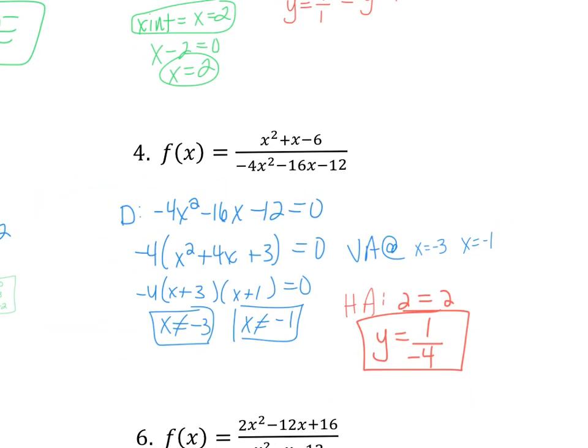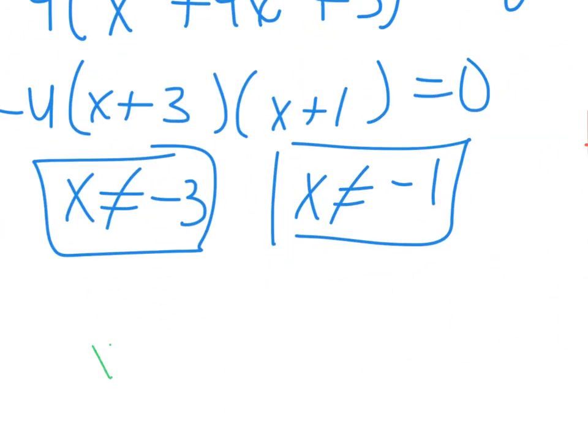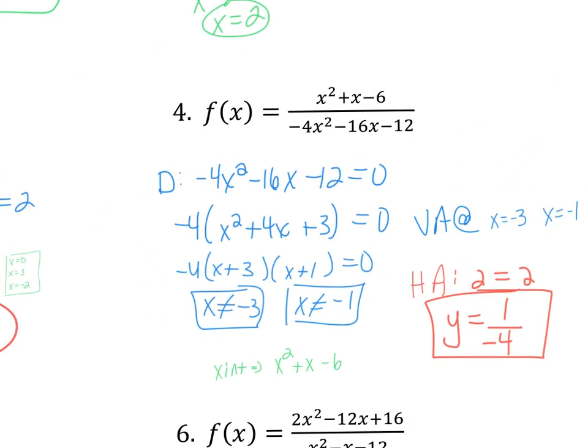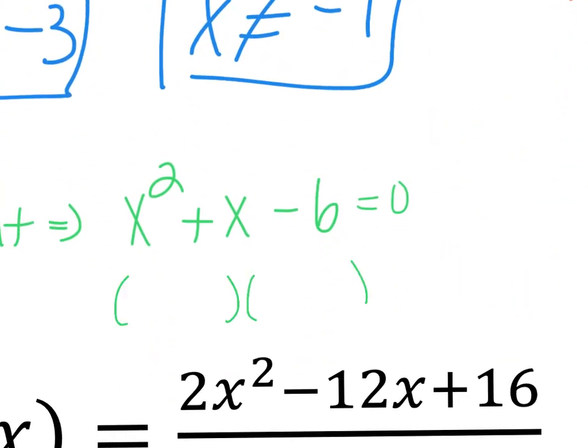All right. Now let's do our x-intercepts. How do I find x-intercepts? You set the numerator equal to 0. So x squared plus x minus 6 equals 0. Factors of negative 6 that multiply to give me negative 6, but add to give me positive 1.